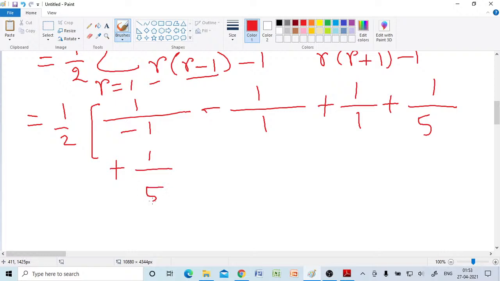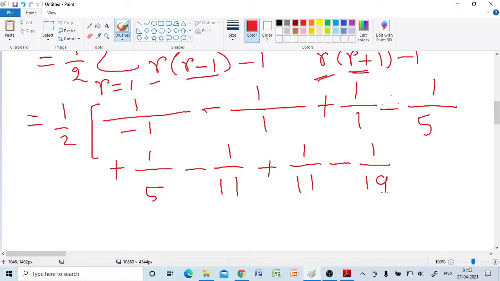Oh, I'm really sorry, it is minus. If you plug r equals 3, then we will have 3 times 4, that is 12. 12 minus 1 is 11. Plus, if you plug r equals 4, then we will have 1 over 11 minus 1 over 4 times 4 plus 1 is 5, is 20, it is 19.